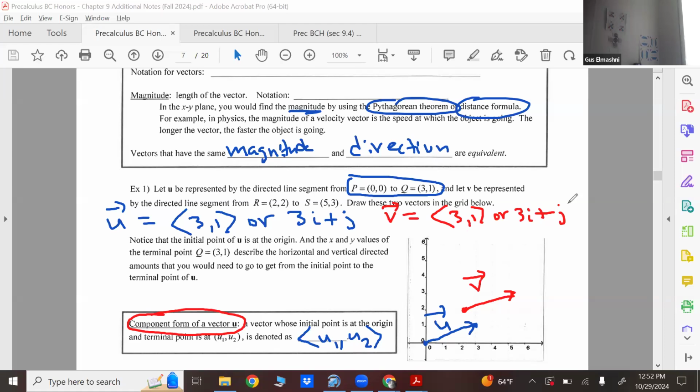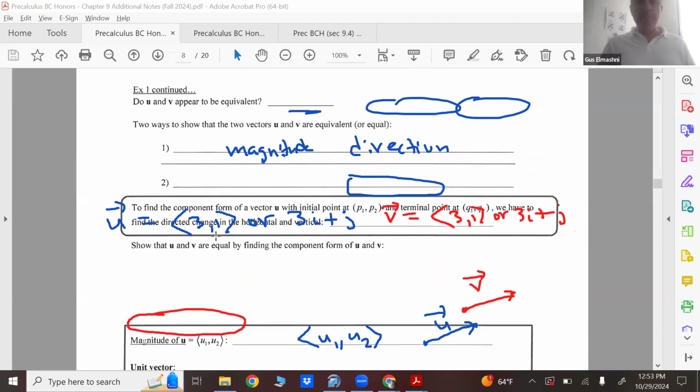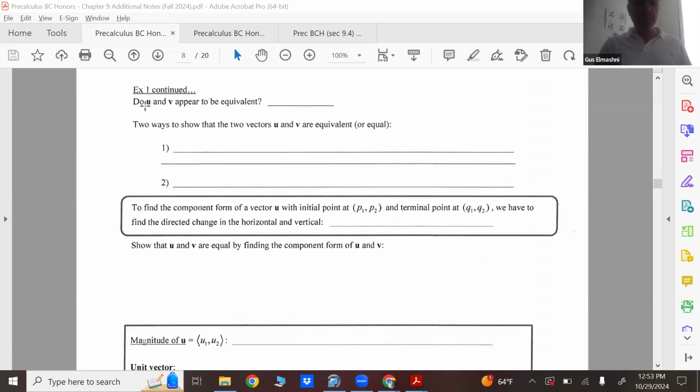That makes sense. So yeah, that's what's happening. We're just giving the vectors 101, right? Just the basics, the fundamentals here. So now, do they appear equivalent? Yes, they do. And we know this because they have the same direction and same magnitude, right? So 2 ways to show.